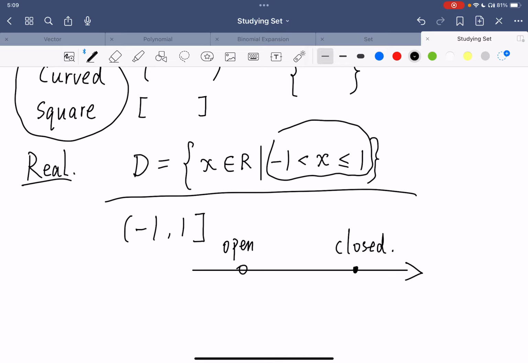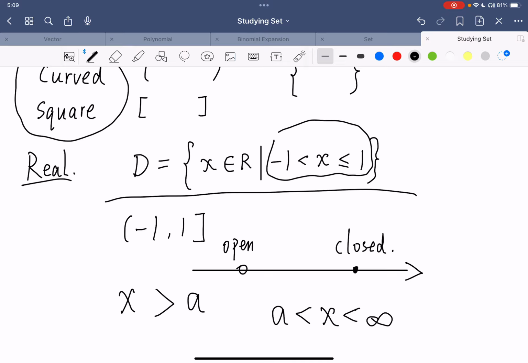And please remember, when things get to infinity, for example, x is bigger than a, nothing else, then we can see a is smaller than x, smaller than infinity.